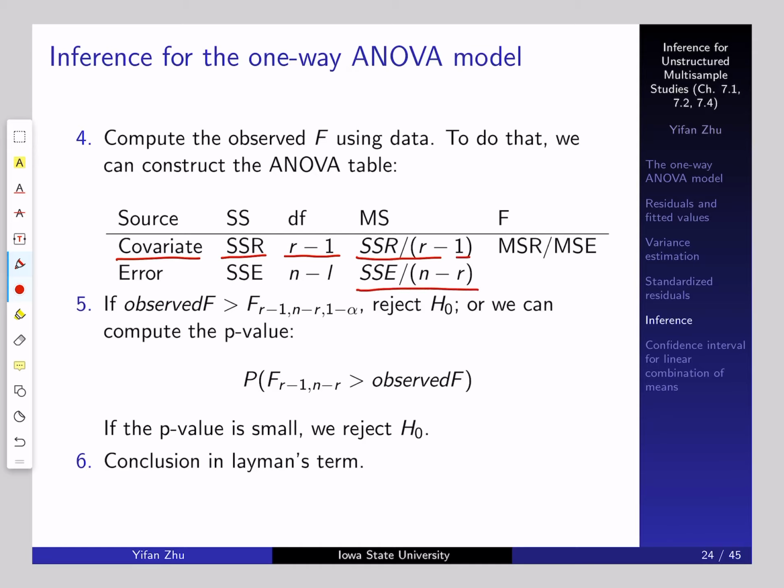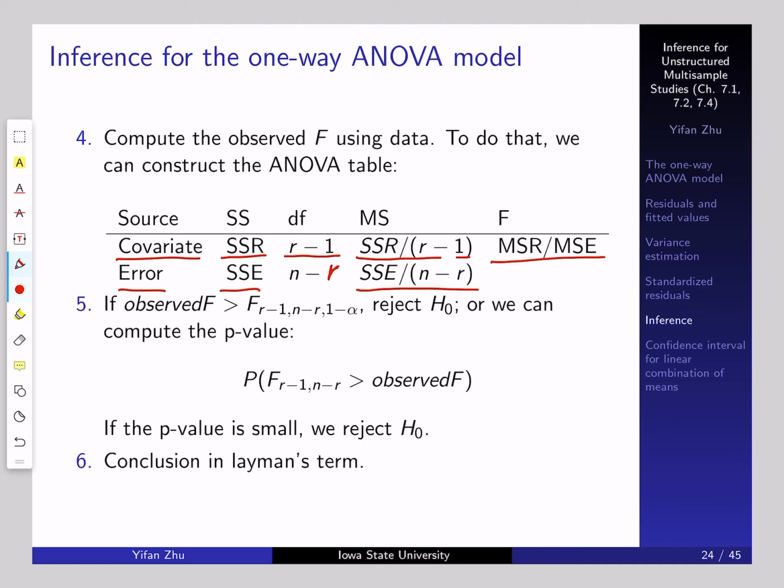Then you calculate the SSE, and the degrees of freedom is n minus r, and the MSE is SSE divided by n minus r. Then the F test statistic is MSR over MSE.